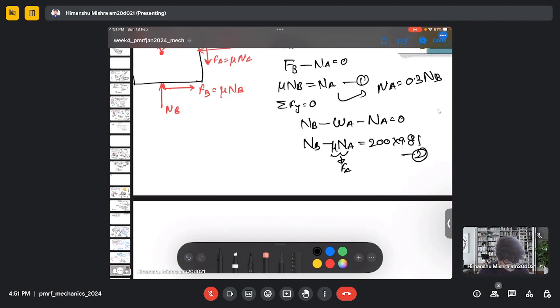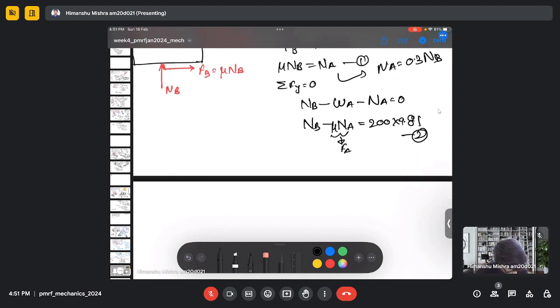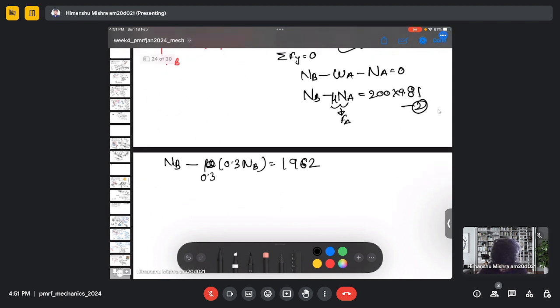So let's find NB first. If I put equation 1 into equation 2, I will have NB minus mu, which is 0.3 multiplied by 0.3 NB, equals 1962. So this will be 0.91 NB equals 1962.